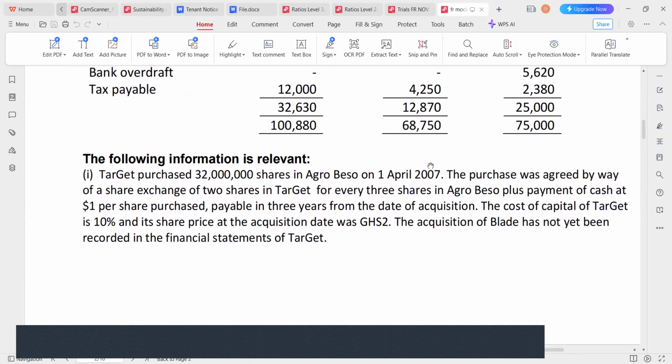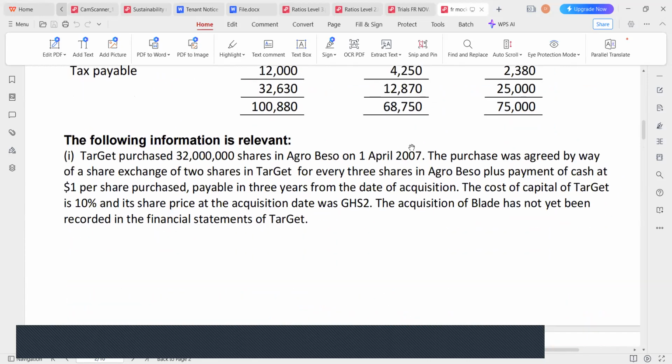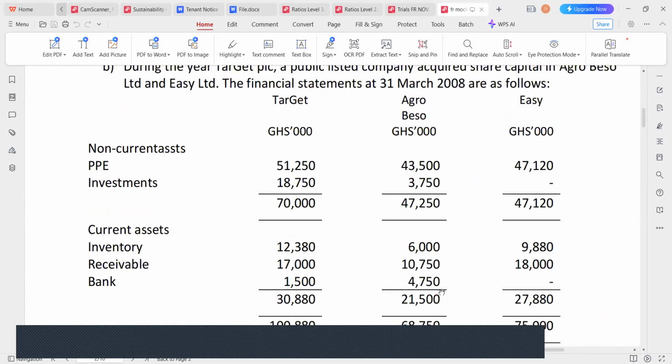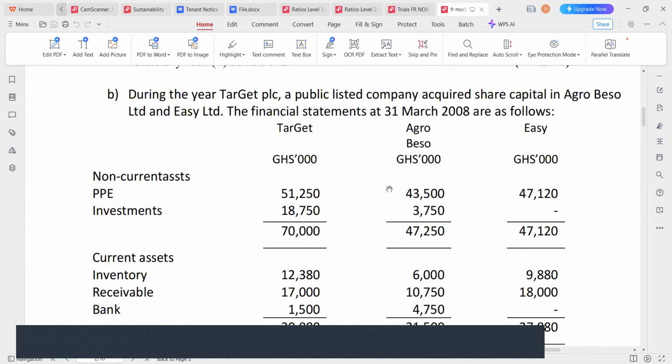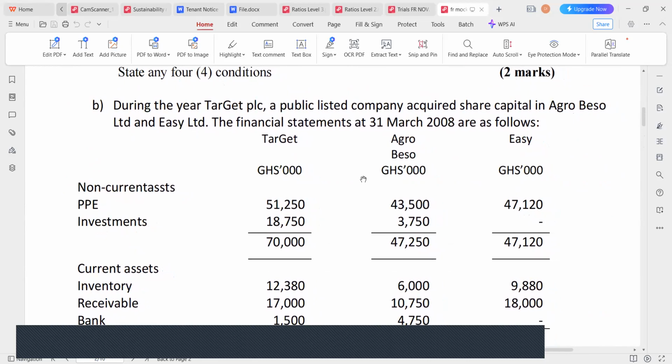If I do one, you also do one. So now you have received it, so you have to start working on it now. Okay, sir. So Target, Agrobeso, and Easy.